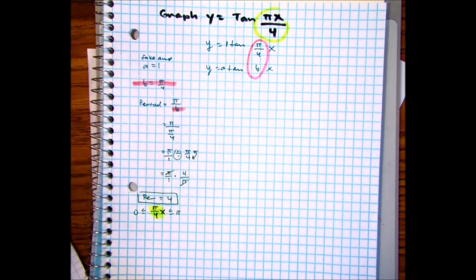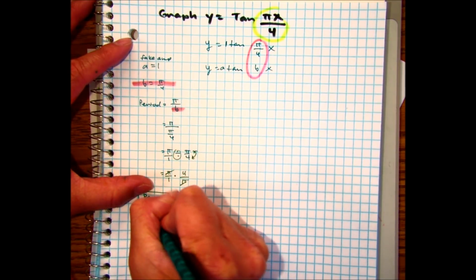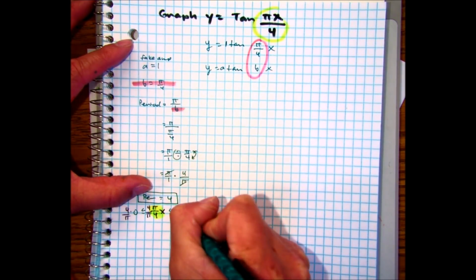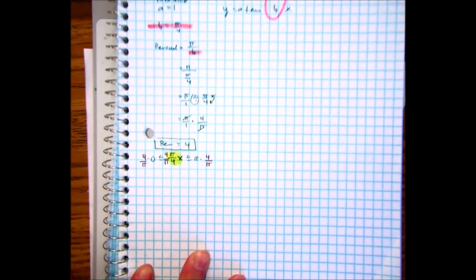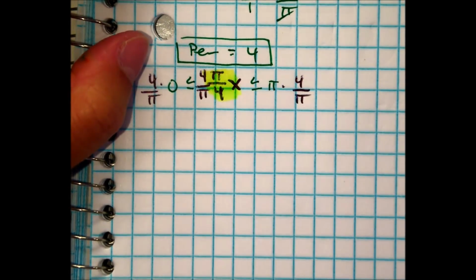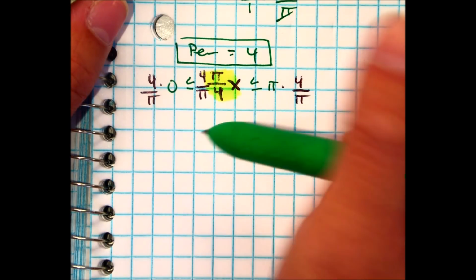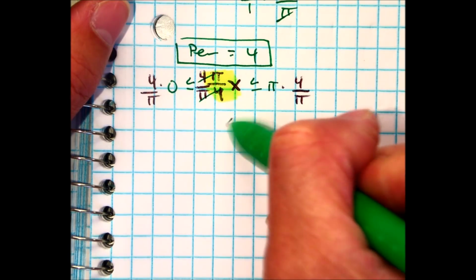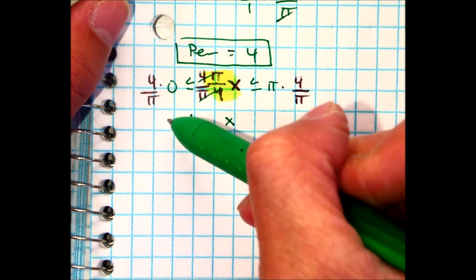To solve for x, I'm going to have to multiply by the reciprocal, 4 over pi. And then I can just simplify. 4 pi over 4 pi equals 1, so you're just left with the x there. 0 times anything is 0.